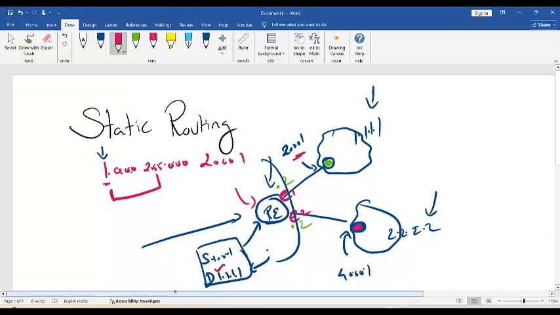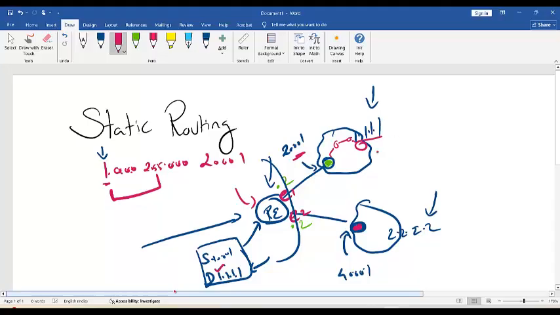Listen. This is what we call a static route. You just send it to this router. This router will take care. You see, this may be connected to a 100th router, doesn't matter for you.